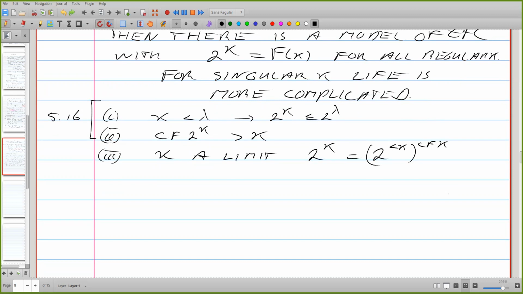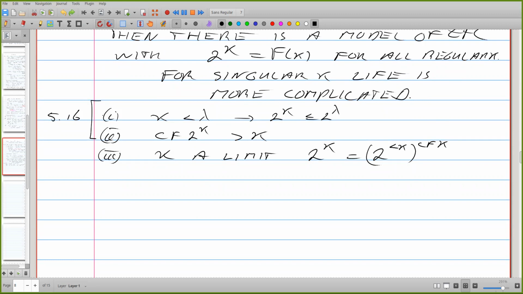So here is the beginning of a sort of recursive way of calculating 2 to the kappa. If kappa is regular, you don't know. Certainly if kappa is a successor, anything goes, as long as you keep to properties 1 and 2. But if kappa is a limit cardinal, then you have suddenly a little bit less freedom.